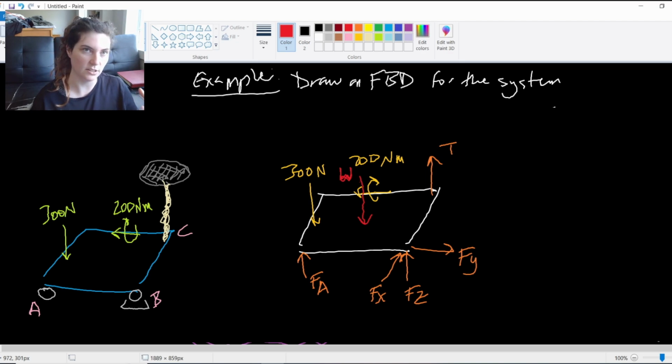But usually it'll say a plate has a weight of this amount, or maybe it gives you a density, so you have to calculate the weight using the density and the area of the plate. But be very careful, because we do want to account for that. It does contribute to the load. It is a force that contributes to the system. So not only do we have those 5 reaction forces, we also have the weight of the plate.